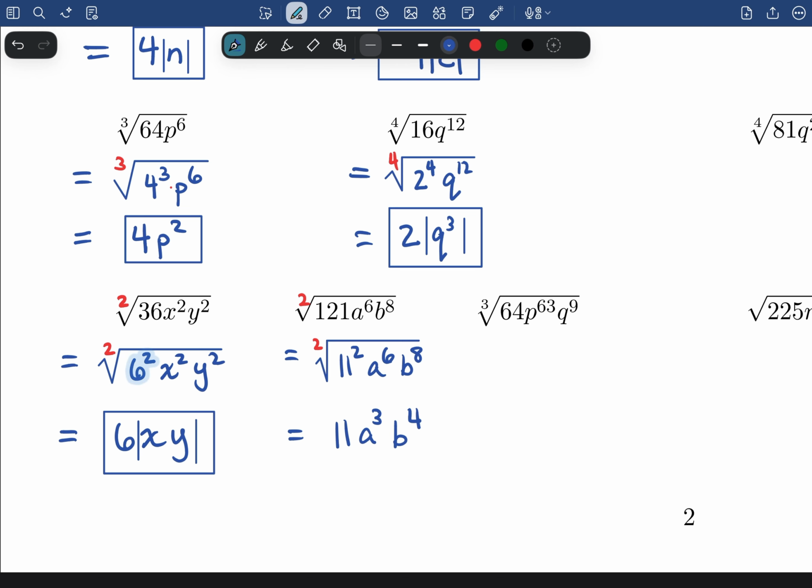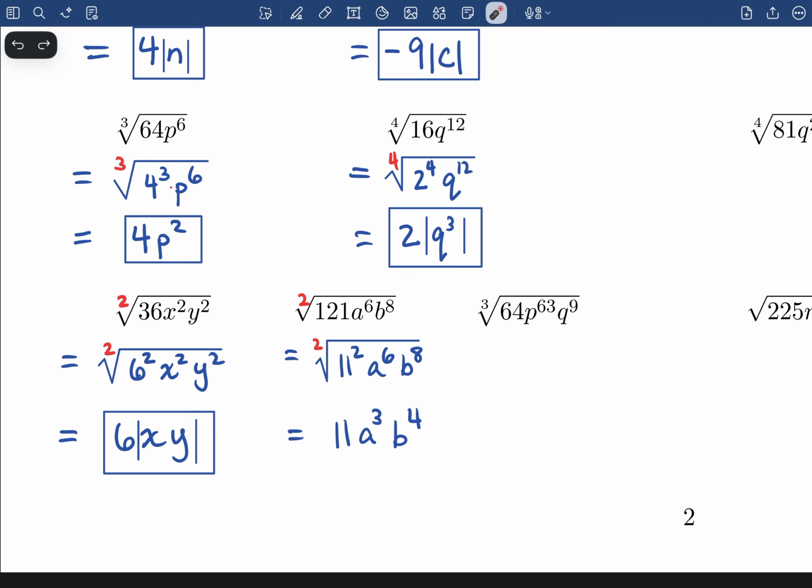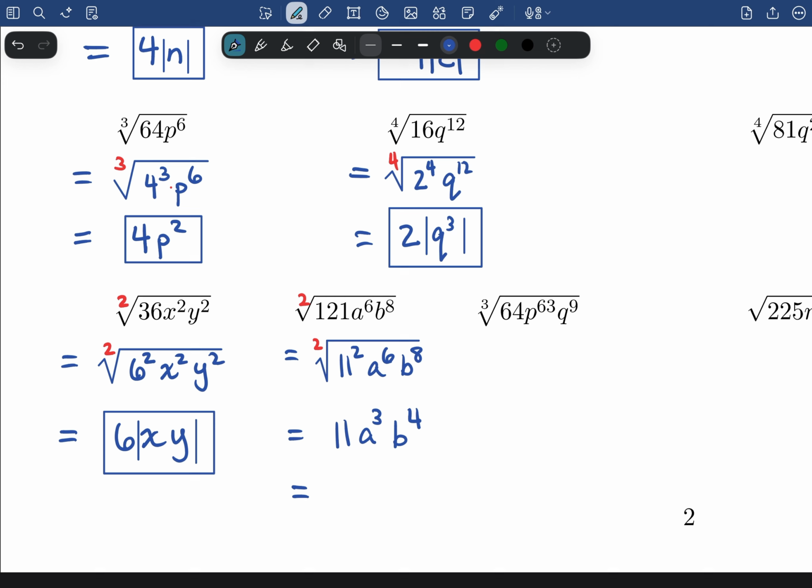Awesome. Now I stop and I think for a second and I say, well, man, I've got an even index, which means that I have to worry about absolute values. But those absolute values only have to go around the odd powered stuff, not the even powered stuff. So my final answer is 11 times the absolute value of a cubed times b to the 4th.